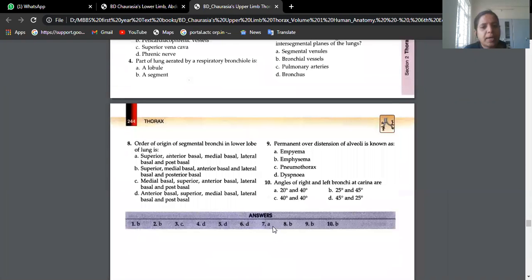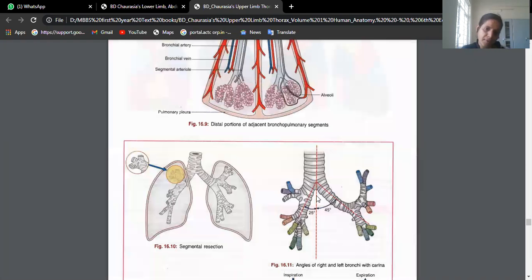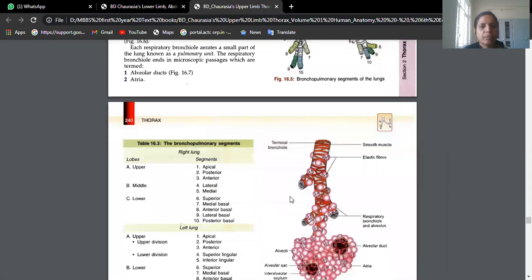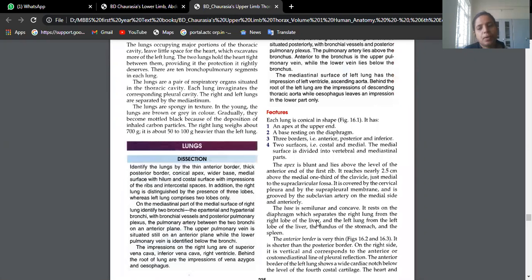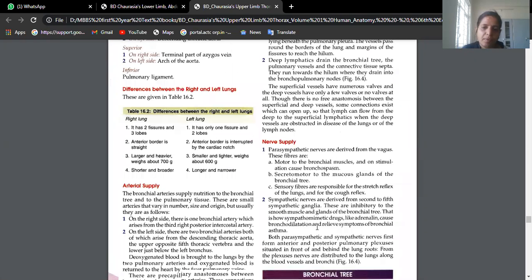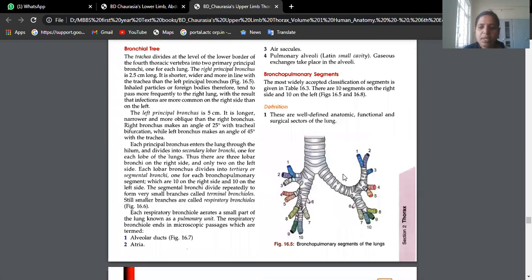Lungs histology diagram is not given, beta. When you check the histology of lungs, you will see the cut section of the right bronchus, left bronchus, then bronchi, bronchioles, and then all the empty spaces, alveoli.